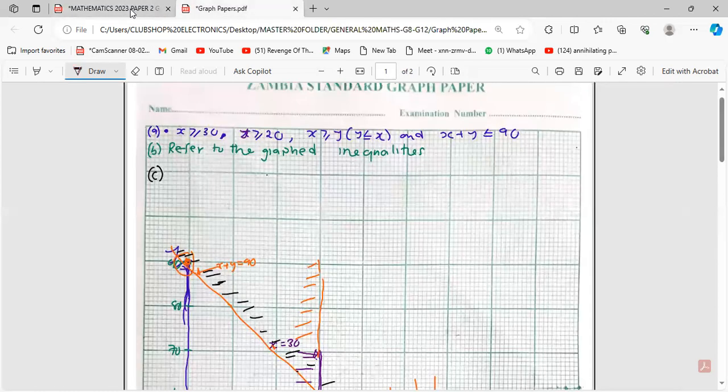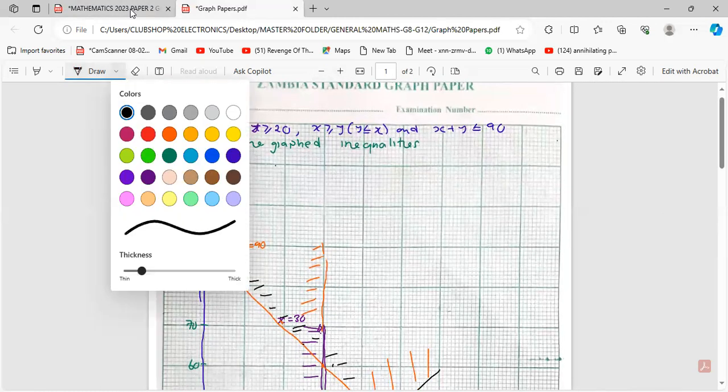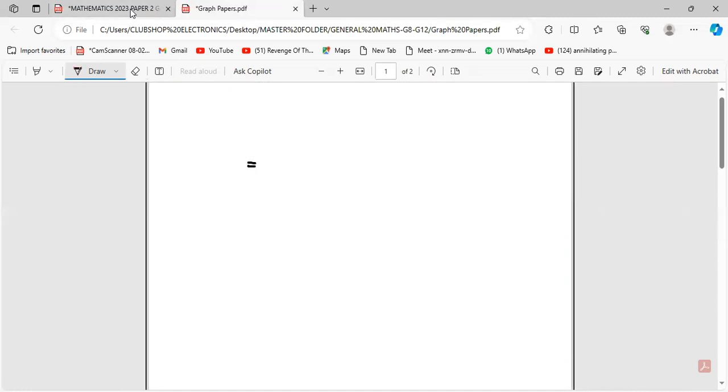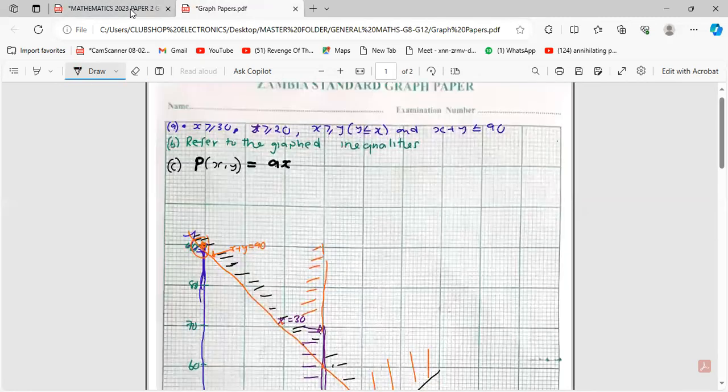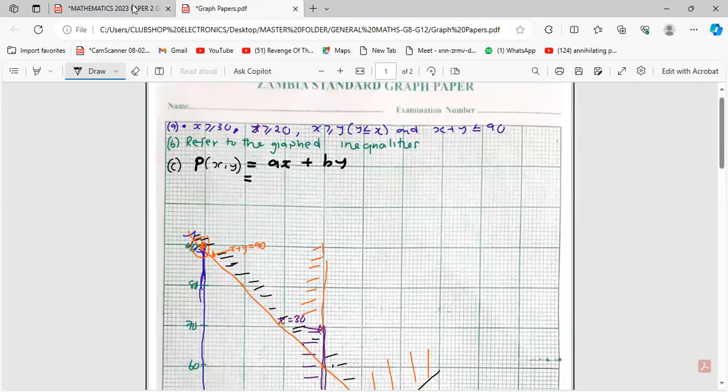So we are going to use the objective function, which is profit equal to ax plus by. Now A represents the profit on type A, and the profit on type A is 30, and that of B is 50. So it's 30x plus 50y.